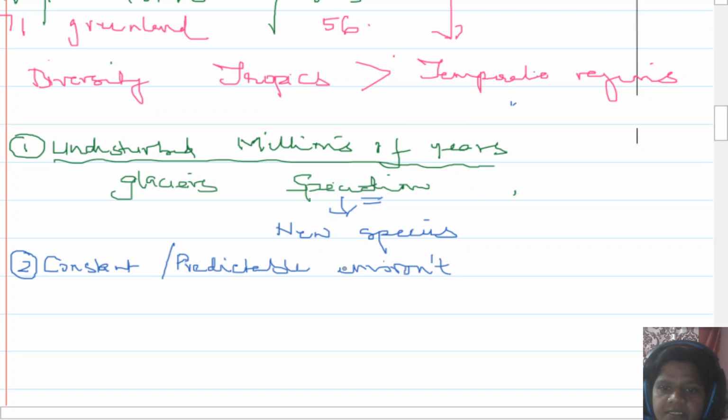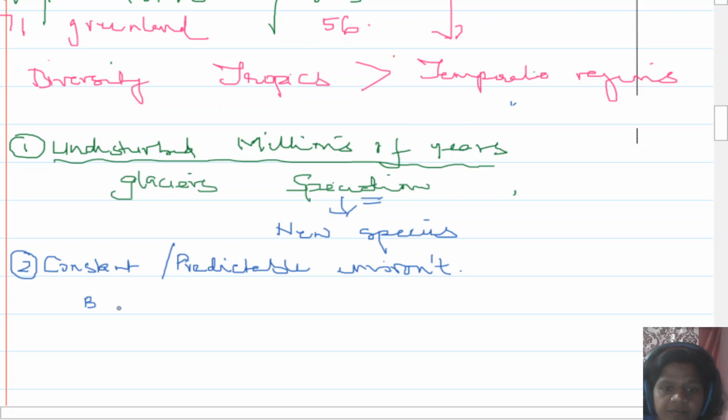So how does this translate to diversity? Because they have a constant climate, the animals behaved a certain way.